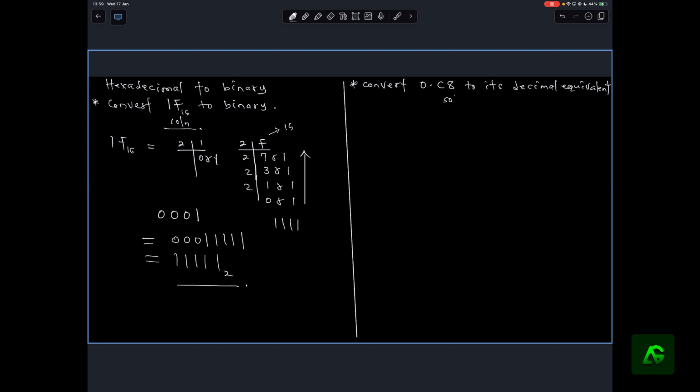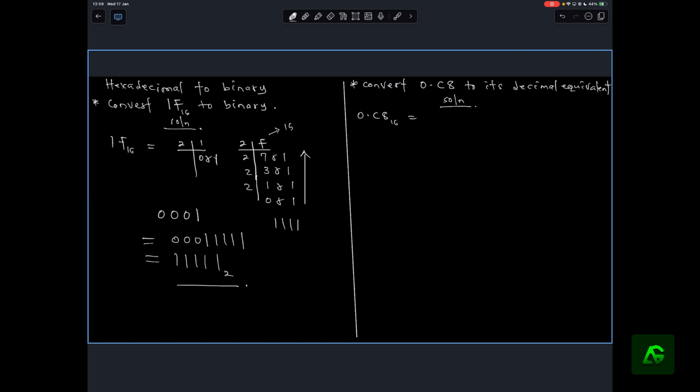Now the solution: it is 0.C8, we have it in base 16. We are asked to write down its decimal equivalent. So what will the decimal equivalent be?